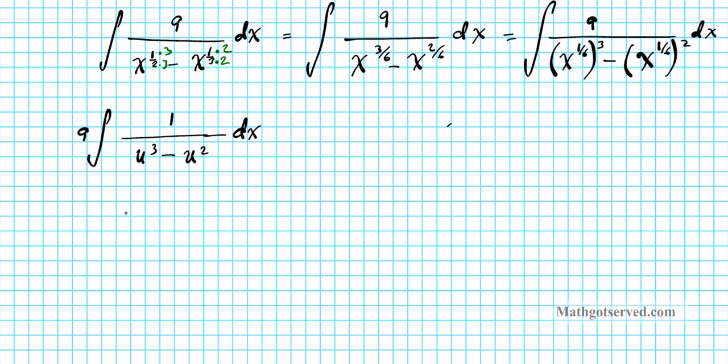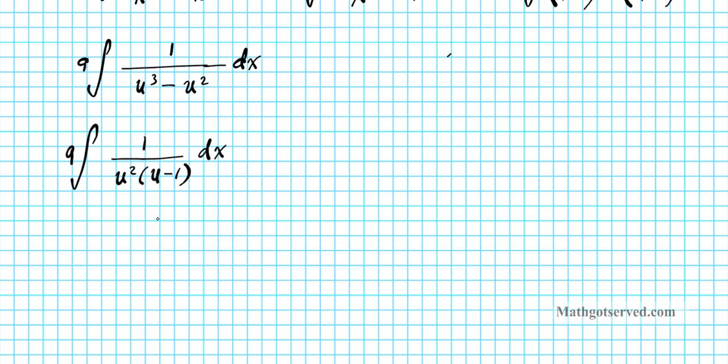Now let's factor out the denominators. We're going to have, write it as 9 times the integral of 1 over u squared times u minus 1 dx. Now we're going to decompose this integrand into partial fractions, okay, using the partial fractions decomposition algorithm.